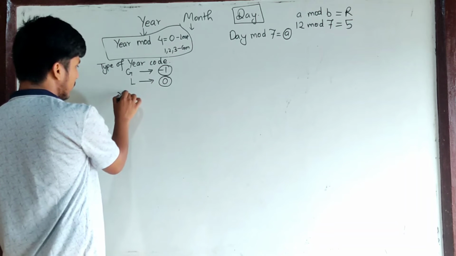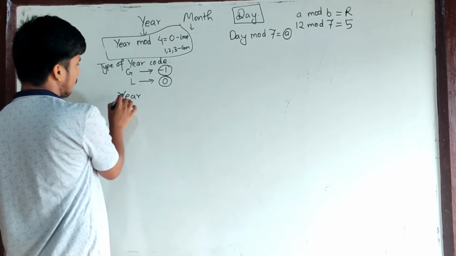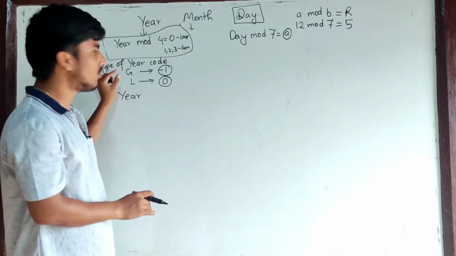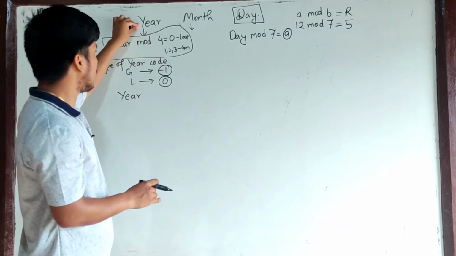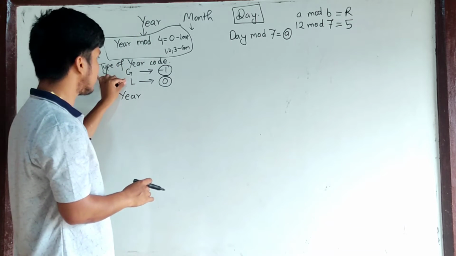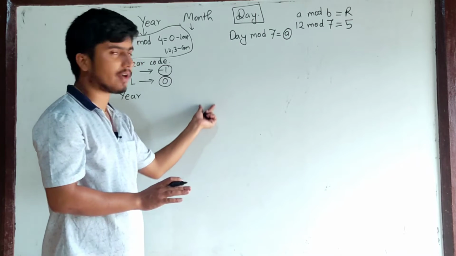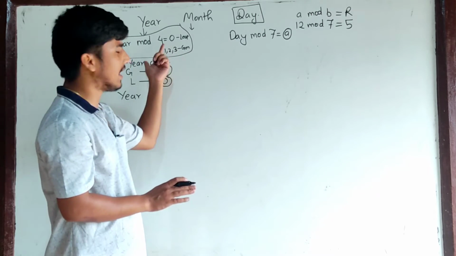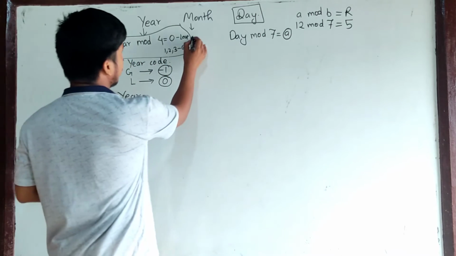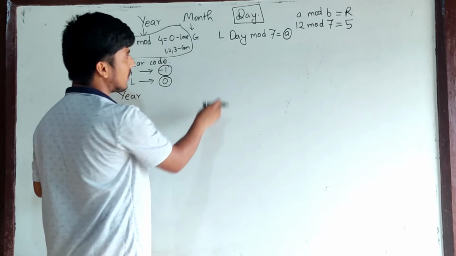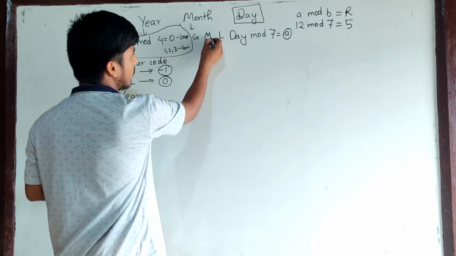And then we move into the month. I will be discussing that later, but we just found out whether the year is general or a leap year. Then we will have respective codes for each month of that year. If it's a general year, we have separate codes, and if it's a leap year, we have separate codes for any month.